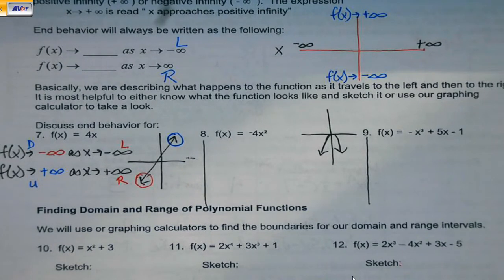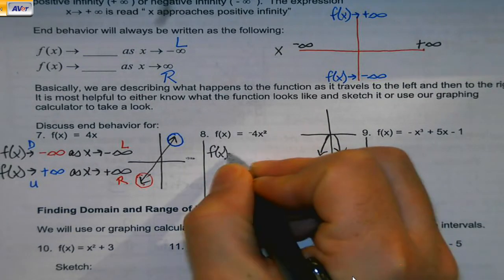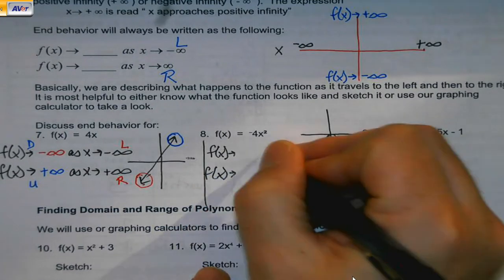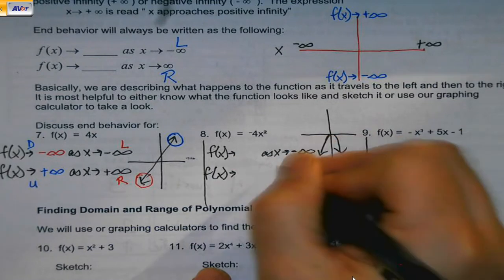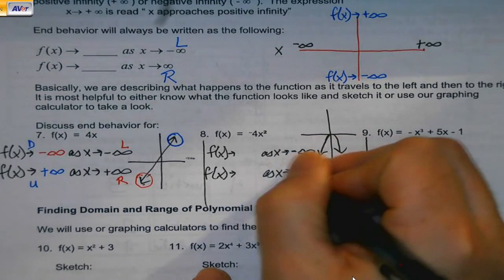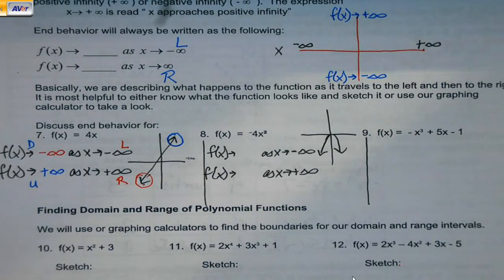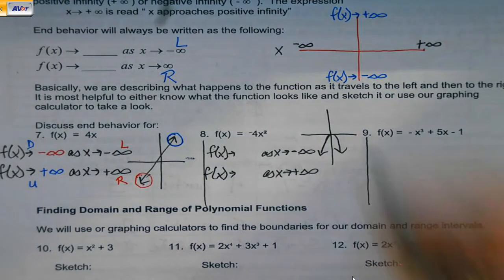So again, if I'm doing end behavior, this part will always be the same. The x's will always have one to negative infinity and one to positive. And again, I put the letters in just to remind me what direction we're going here.